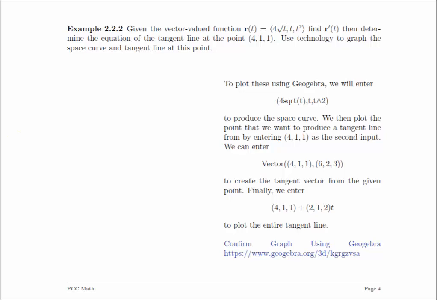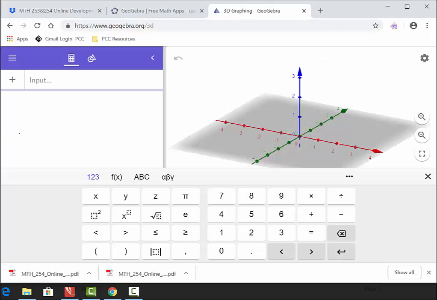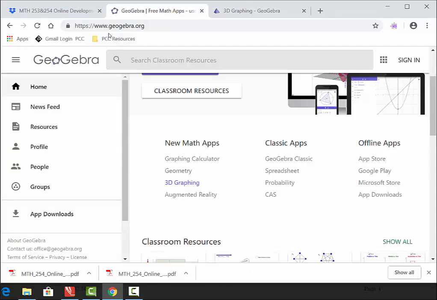I'm going to open up my web browser. So this is going to change your view. If we go to geogebra.org, then we can click on 3D graphing. I'll close this and redo it.